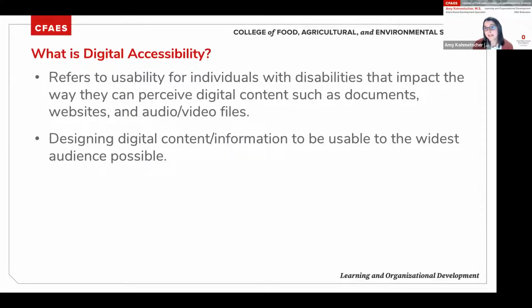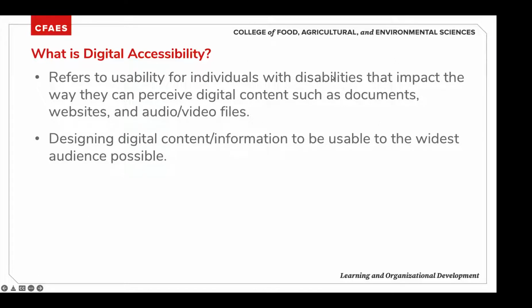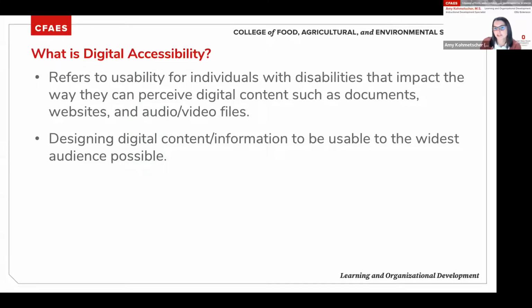And obviously today's topic is going to be centered around video and audio. Digital accessibility also means that we design the digital content to be usable to the widest audience possible. And what's interesting about this is this overlaps with other factors of good design, such as universal design for learning.